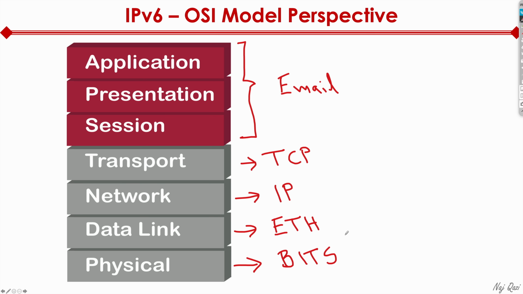But the key here is that what we do when we go from IPv4 to IPv6 is that we simply stop using IPv4 and we switch over to IPv6 at the network layer of the OSI model. So all we're doing is just changing the stack at the network layer, and the layers below IP and the layers above IP remain the same.